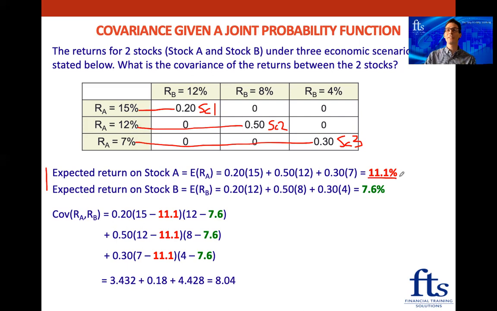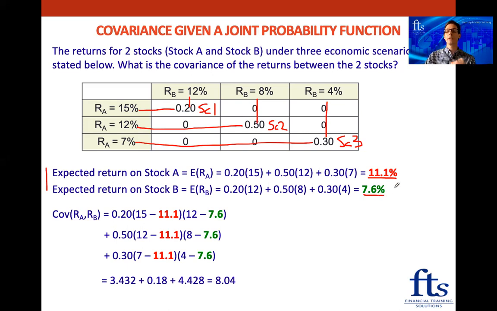Then let's do the same for the return on stock B. We've got a 20% chance of 12%, a 50% chance of 8%, and a 30% chance of 4%. I put that in green there. So that's for stock B.